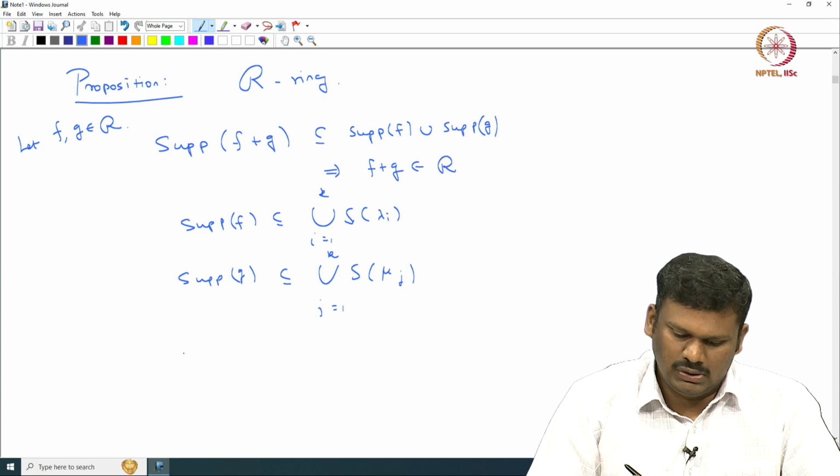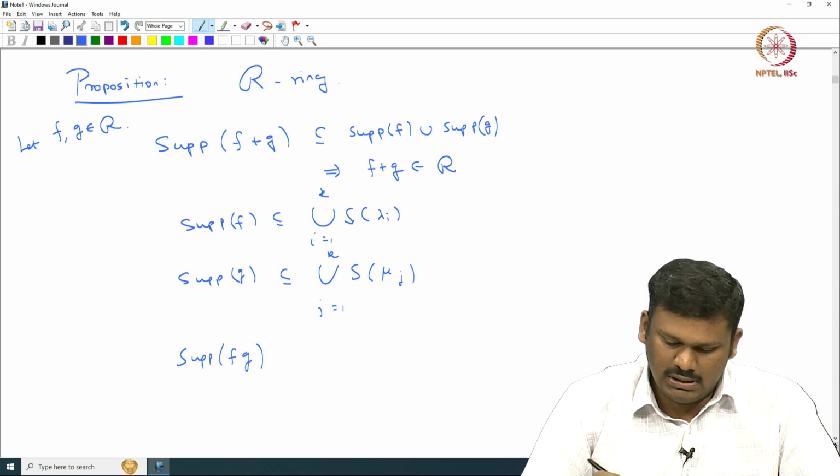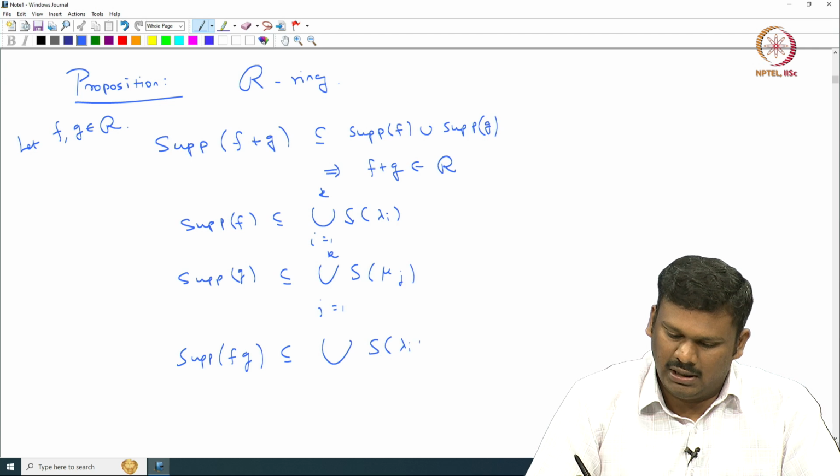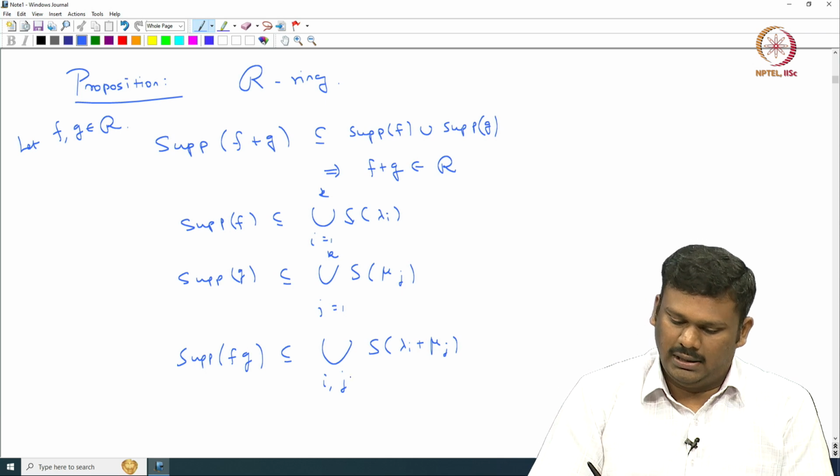Then it is easy to see that the support of f g, because it is a convolution product, is going to be contained in the union of s of lambda i plus mu j, where i and j run between 1 and k.